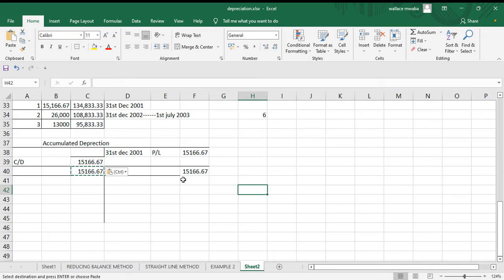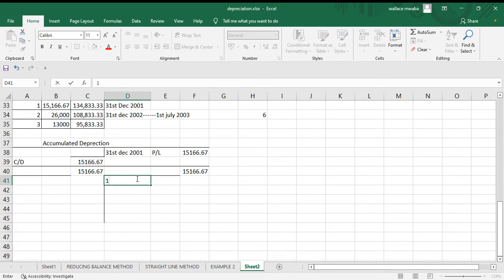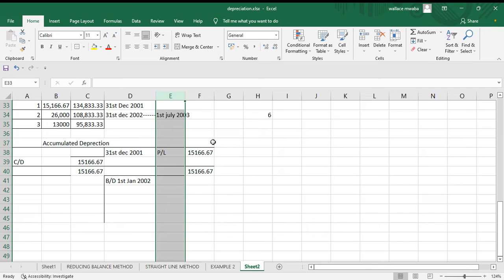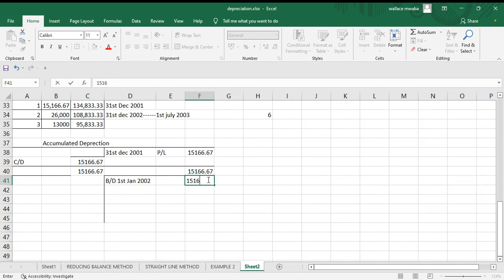Then on 1st January 2002, we say balance brought down, 15,166.67.